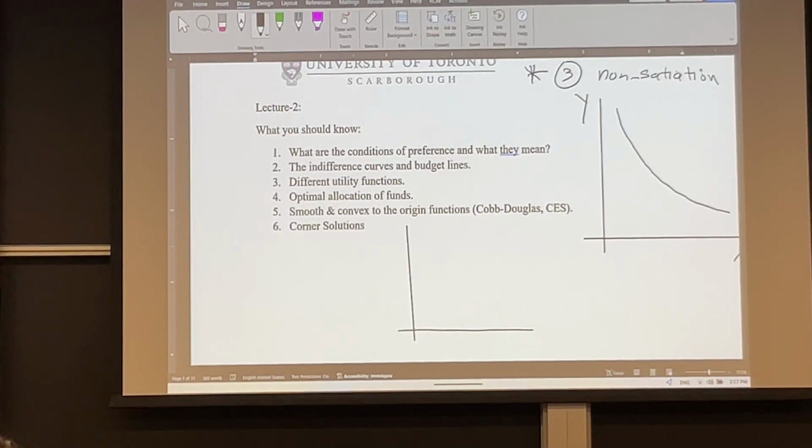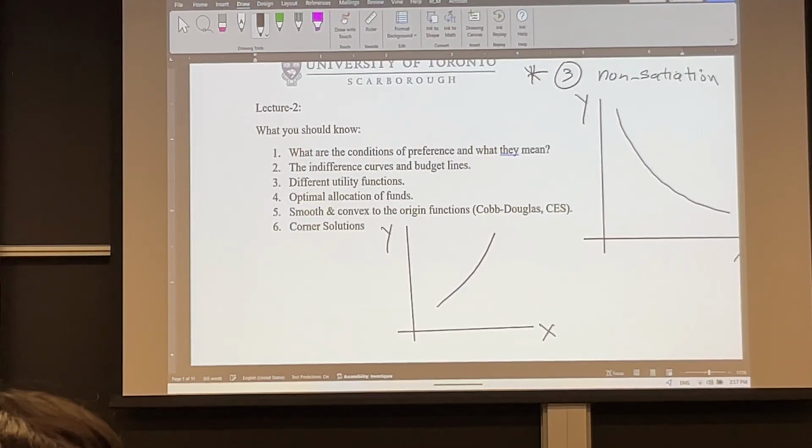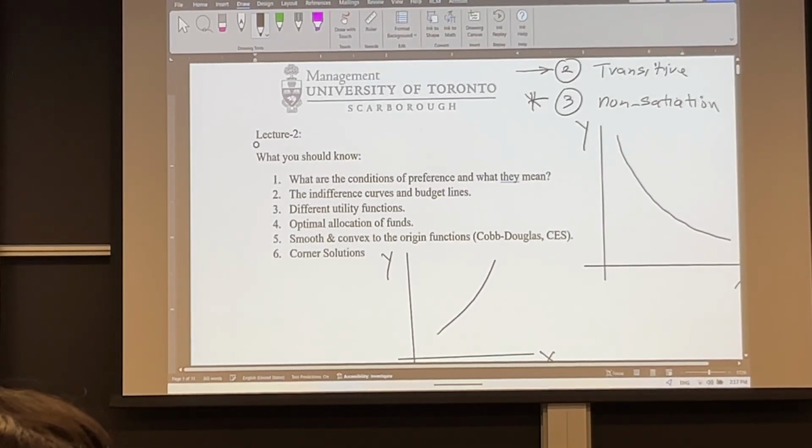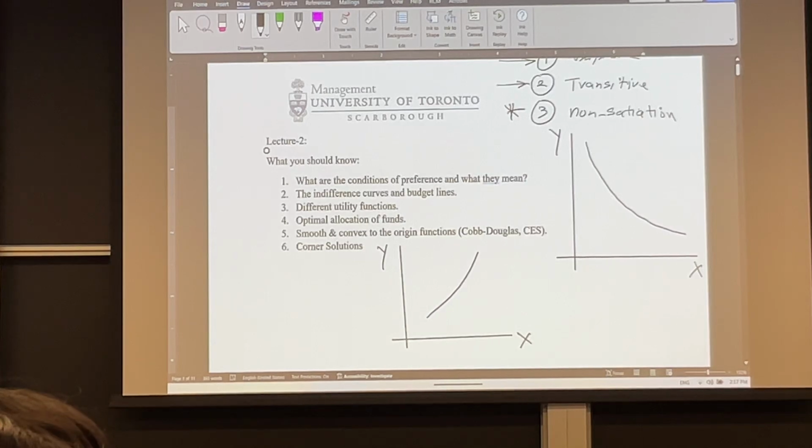If you assume those 3, there will be a violation if it looks like this. What's the violation? The indifference curve, locus of bundles yielding the same satisfaction, cannot look upward sloping. If it does, it violates something. Which one is violated?